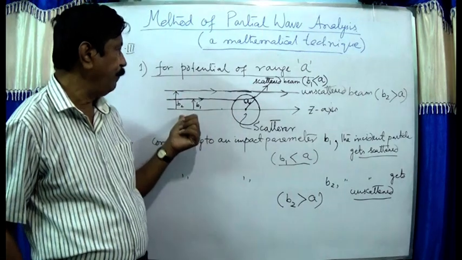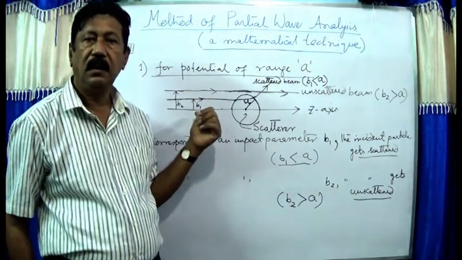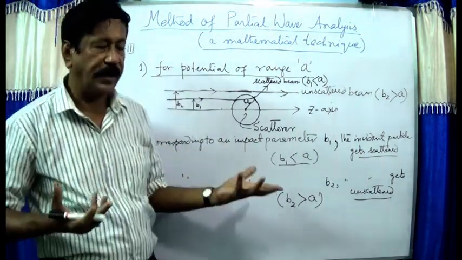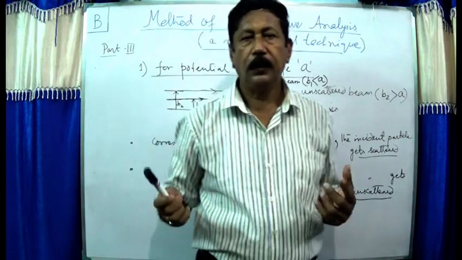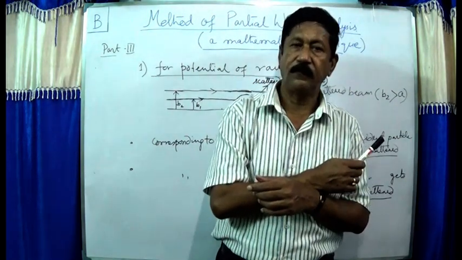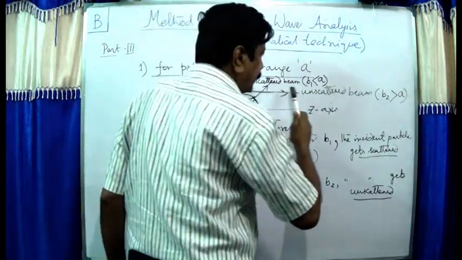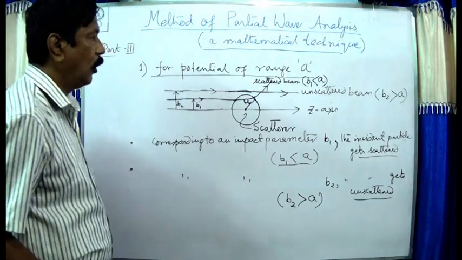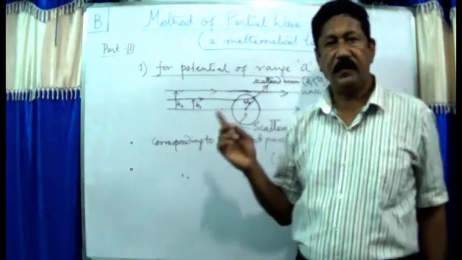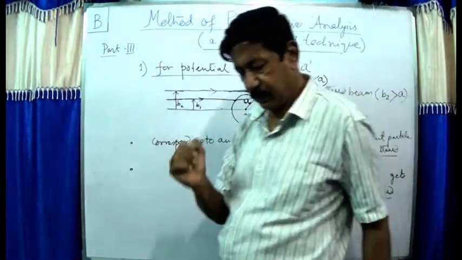And if the impact parameter B is greater than the range of the potential, quite naturally it will be hardly affected by the potential, that is, it remains unscattered. So this is the main implication of this picture.